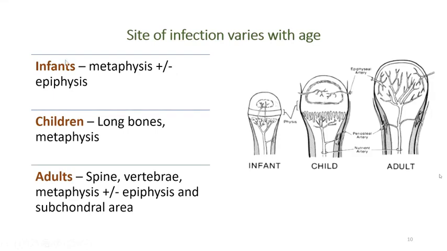So these infants, usually children less than 2 years of age, if they get osteomyelitis, usually it involves the metaphysis plus or minus epiphysis. But in all the children who are more than 2 years of age, the infection is confined to the metaphysis.